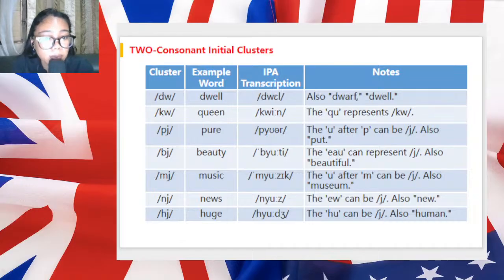This blend gives the word its specific pronunciation. Another example, you might hear this in beautiful. So practice beauty, feeling how the B smoothly connects with the Y sound.